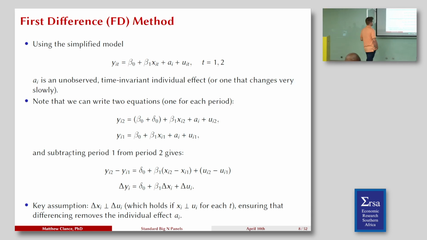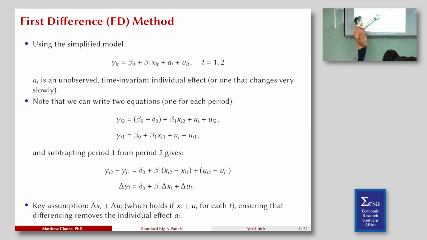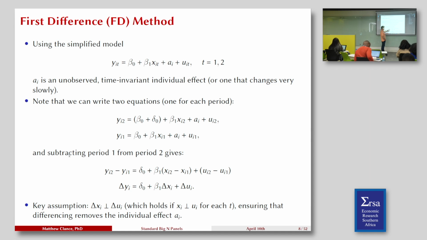So that's why there's this little reformulation of the structure of the second constant, so that when we take the difference of these 2, by yi2 minus yi1, we formulate a new equation. Basically, delta yi is equal to delta naught, the addition to the constant in the second equation, plus beta 1 delta xi plus delta ui. Okay.